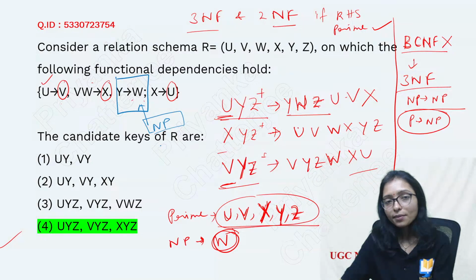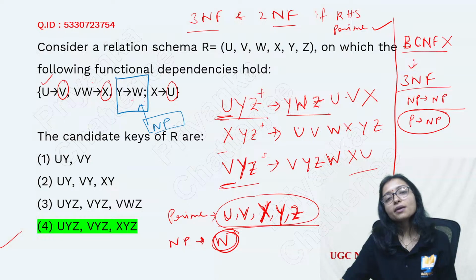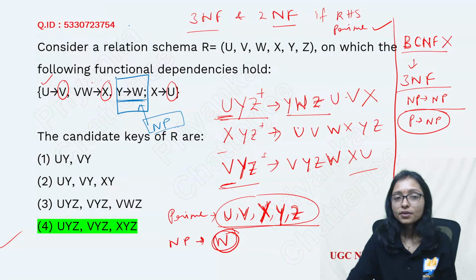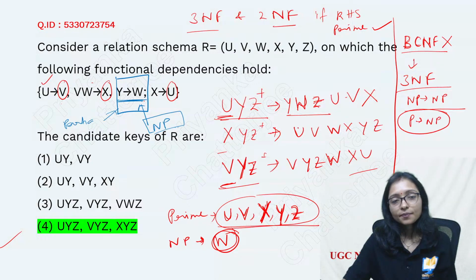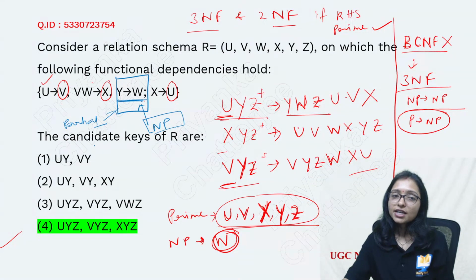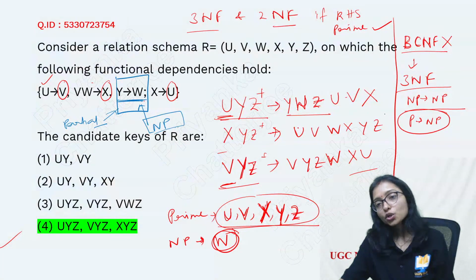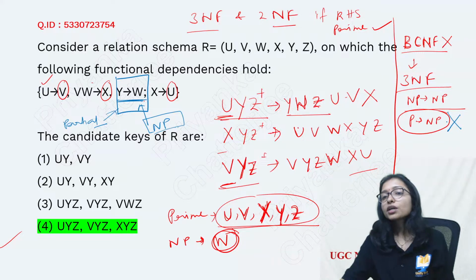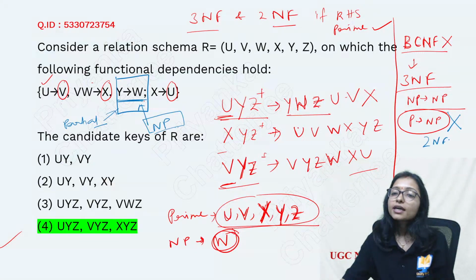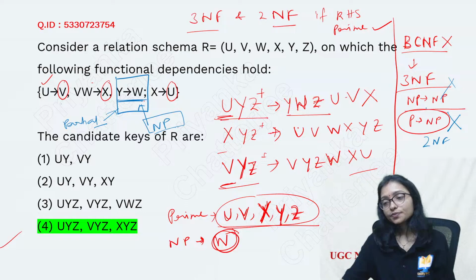As this is a non-prime attribute, it is happening prime to non-prime. That means it is partial dependency. Y is part of the candidate key and W is the non-prime attribute. So this is not allowed in 2NF, nor in 3NF.